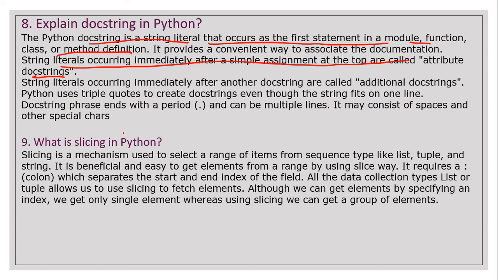So a docstring is basically a kind of manual for the code you are creating, the function you are creating. For example, let's suppose I have created this function. I will write, this is a fun function.